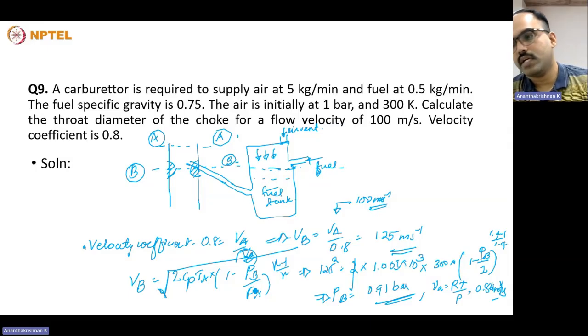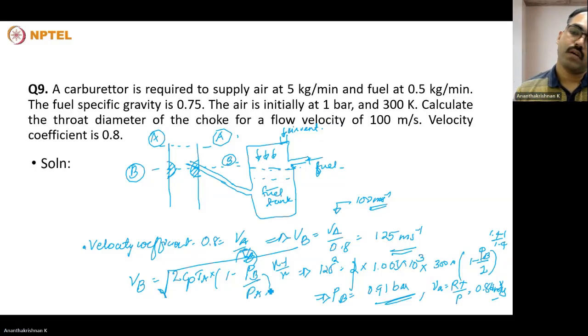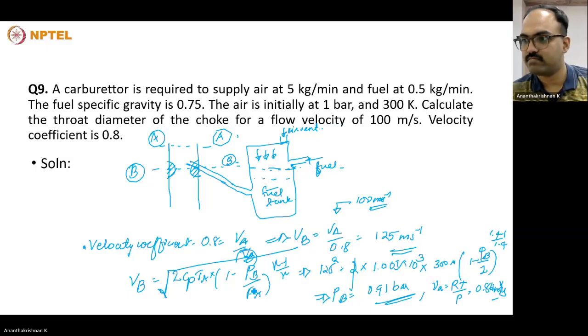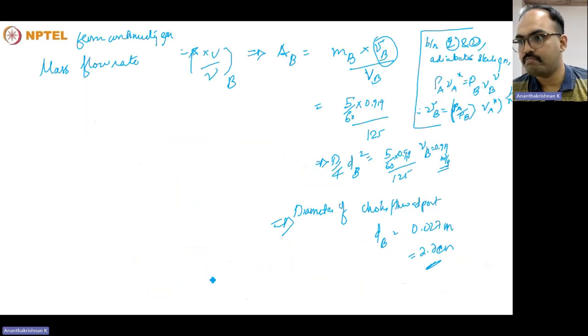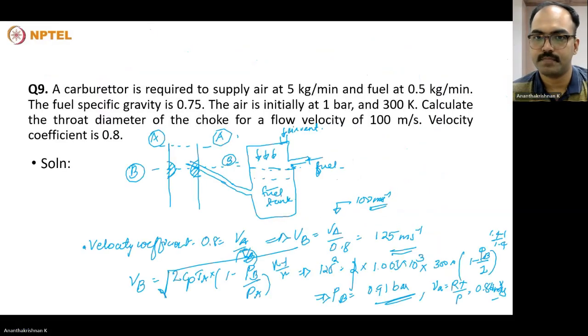Just similar to that, we get it in the form of the pressures. Using that, we'll get the pressure at the state point B, get the specific volume, and calculate the diameter of the throat. So it's a straightforward problem, but it requires a bit of overall understanding of the concepts.